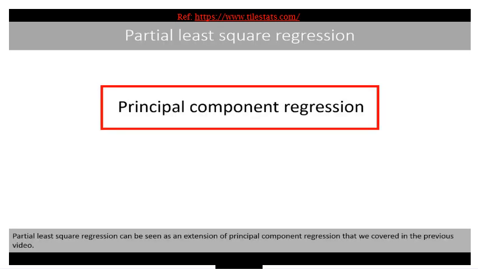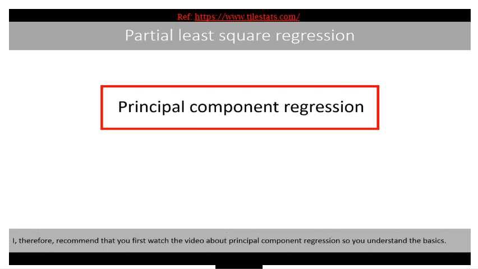Partial least square regression can be seen as an extension of the principal component regression that we covered in the previous video. I therefore recommend that you first watch the video about principal component regression so that you understand the basics.